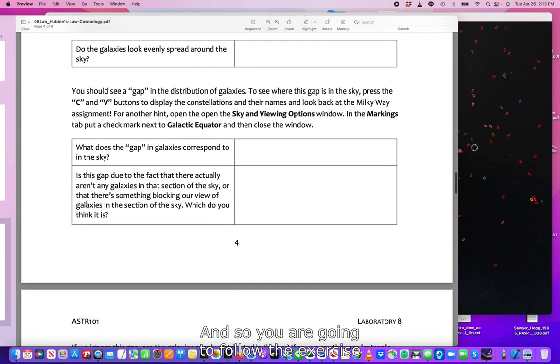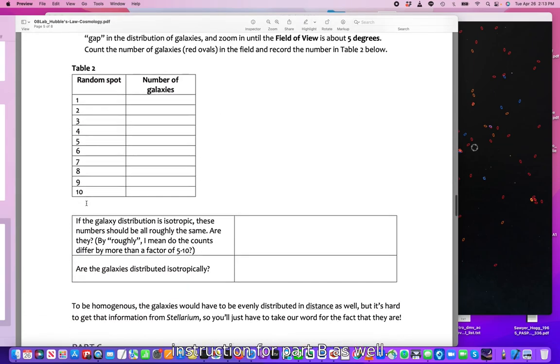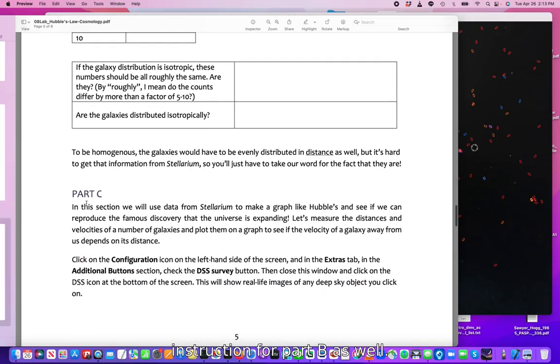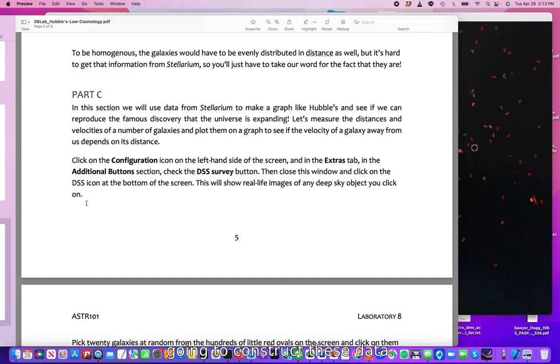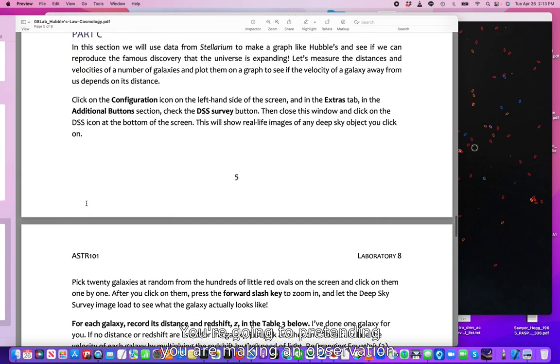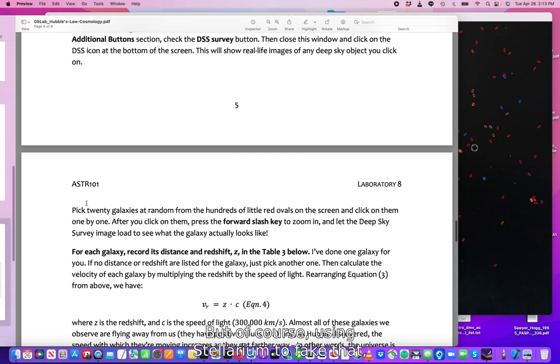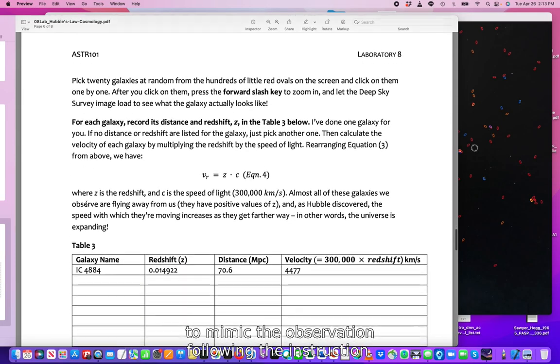And so you are going to follow the exercise instruction for part B as well. That's pretty straightforward. The most important part of this lab is part C, okay, in which you're literally going to construct these data. You're pretending you are making observations, but of course using Stellarium to mimic the observation, following the instruction.